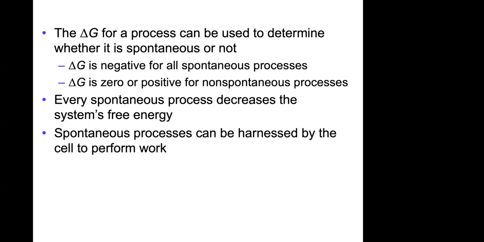The change in free energy is negative for all spontaneous processes; if the change in free energy is 0 or positive, it is for non-spontaneous processes. Every spontaneous process decreases the system's free energy. Spontaneous processes can be harnessed by the cell to perform work.